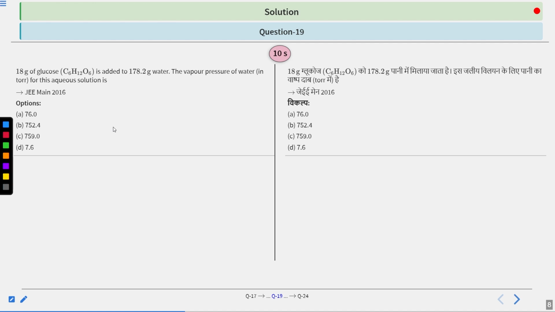We have to calculate the vapor pressure of water for this aqueous solution, that is, the partial pressure of the water vapor, not the water but the water vapor. How will we do it? You will simply calculate the number of moles and then proceed further. Just try it by yourself. Your 10 seconds to solve the question starts now.